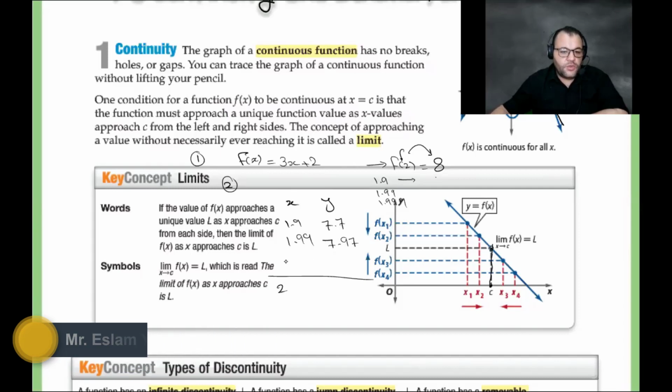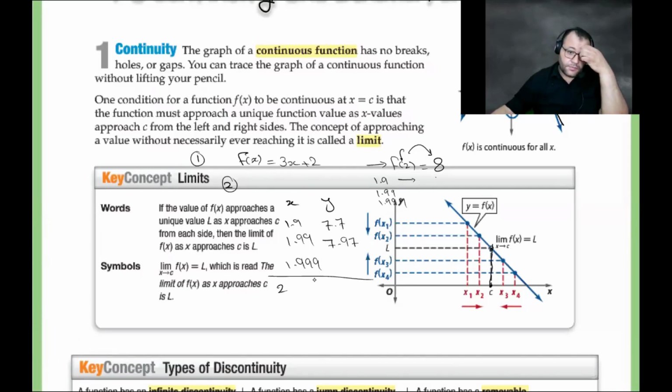What if x equals 1.999? It is 7.997. So when x equals 2, you will find that the value of the function equals 8. Then when x is closest to 2, the value of y is closest to 8.